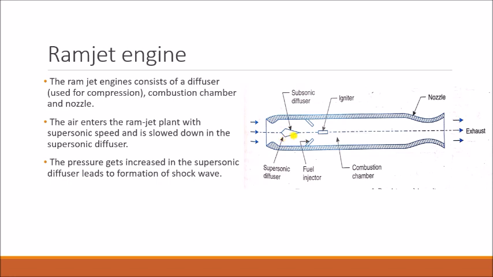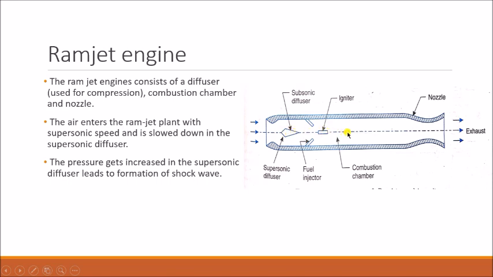The pressure of the air is further increased in a subsonic diffuser. In the main diffuser you have the supersonic diffuser and the subsonic diffuser. So the pressure is increased further in the subsonic diffuser, and the temperature is also increased.